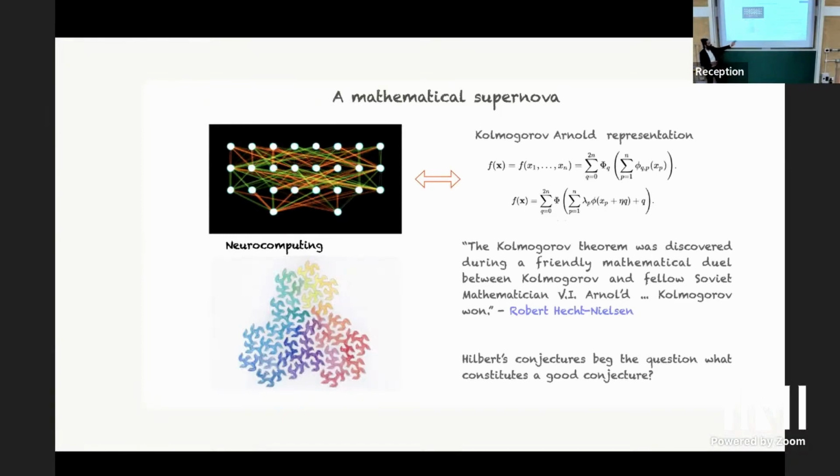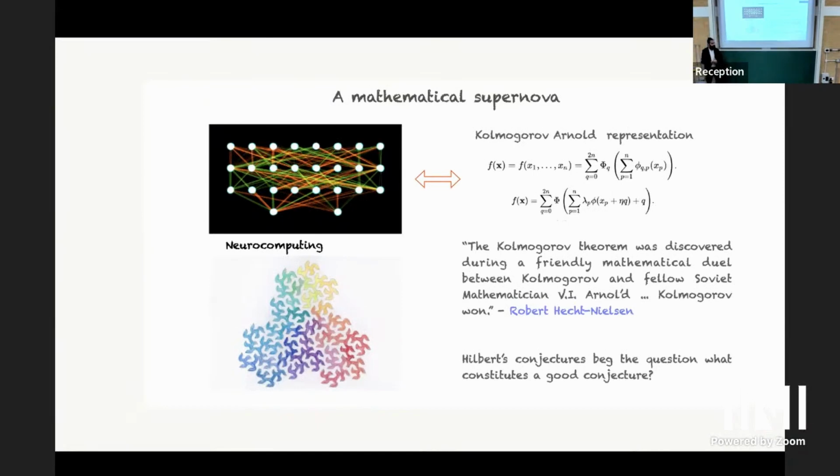I have not come across it. People have attempted to generalize this representation to complex functions, and although it's not clear that it cannot be done for certain classes of complex functions, there are certainly counterexamples. So there are complex functions which cannot be accommodated in a representation of this form. So this is an example of a good mathematical conjecture.